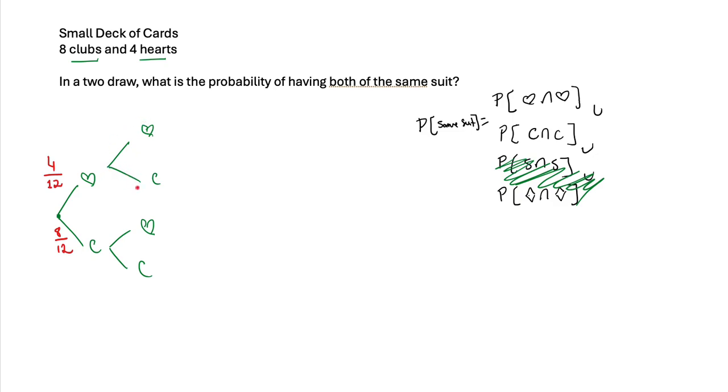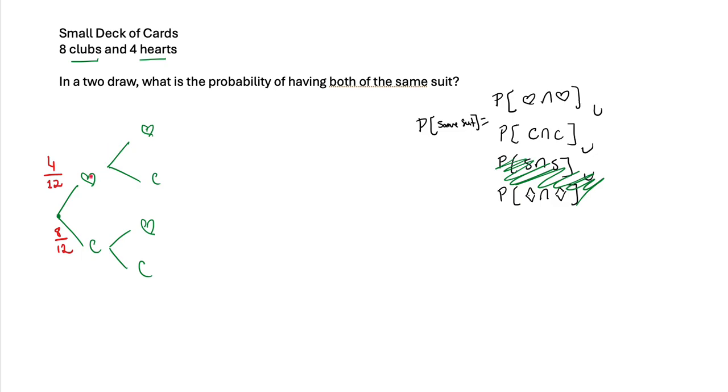Well, the second draw, again, you will have to calculate the probability. Well, what's the probability of the second draw if I have hearts? So pay attention to what I said. I said that I already took a heart. This probability here will change because this is actually a conditional probability.